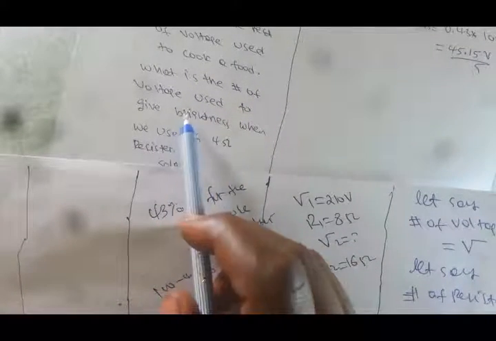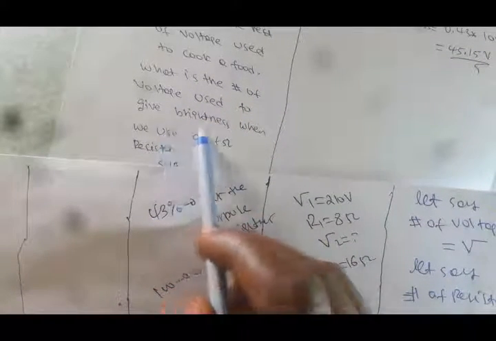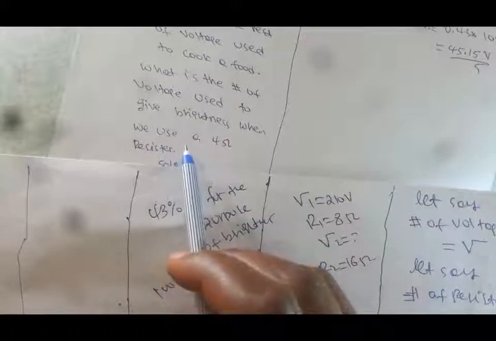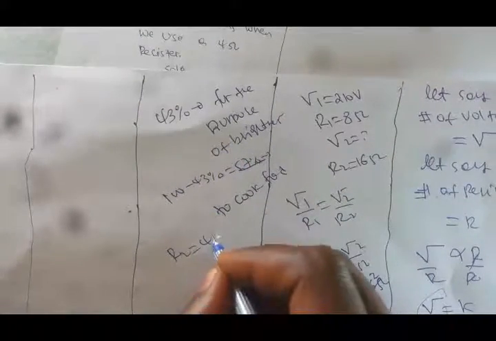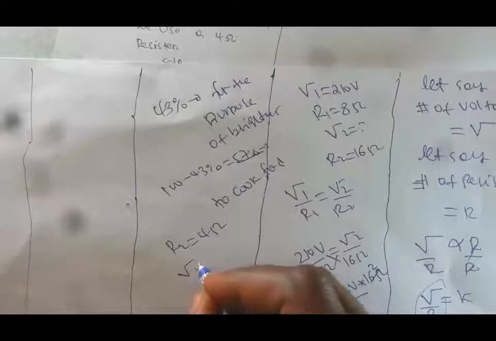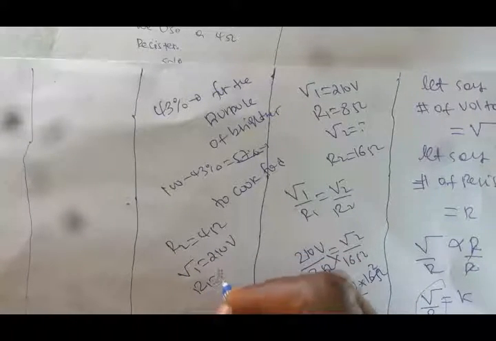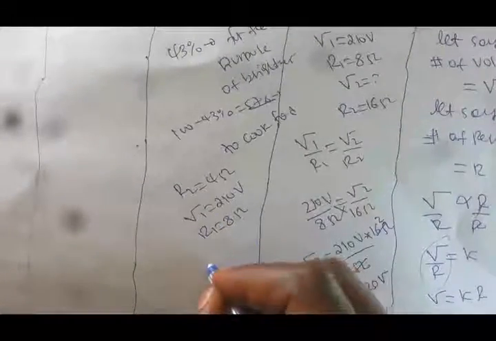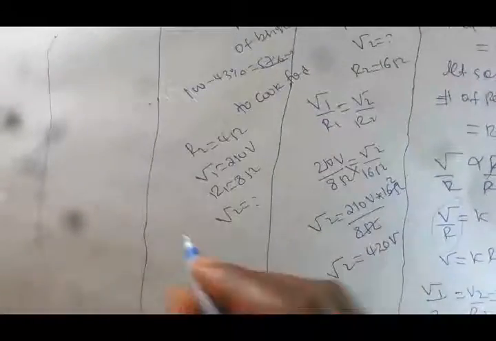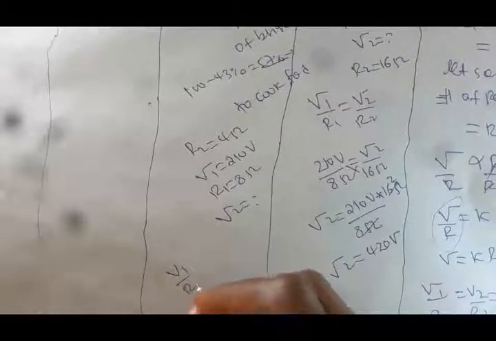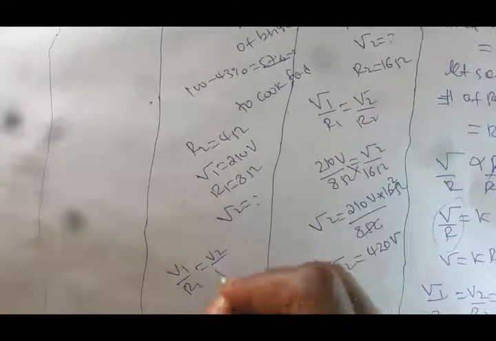And what is the amount of voltage used to give brightness when we use 4 ohm? We are given R2 is equal to 4 ohm, and we know that V1 was 210 volts and R1 was 8 ohm. We have to first find V2. We know that V1 over R1 is equal to V2 over R2.